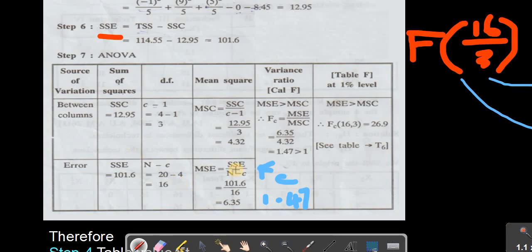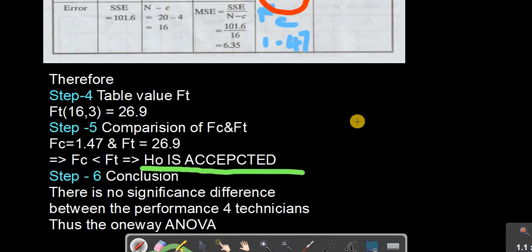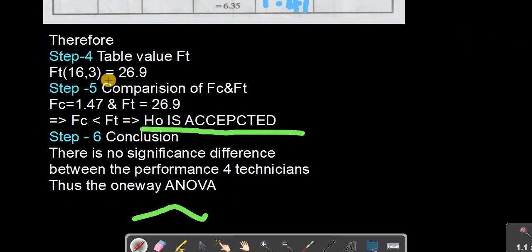We are substituting in the ANOVA table, and we get the FC value here, 1.47, and also the table value for this, 26.9, and then we compare them. If FC is less, H naught is accepted. If it is greater, then H naught is rejected. So the conclusion comes according to that.